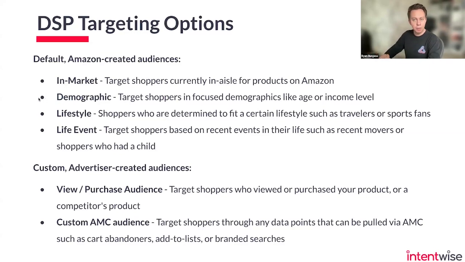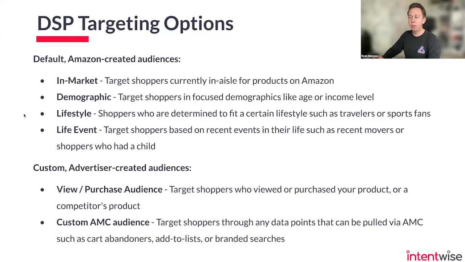Next, you have demographic targeting. Unlike sponsored ads, DSP does offer a lot of demographic targeting, which allows you to focus your audience based on age, income level, or even geography where they live. So you can get a lot more granular from that perspective. Lifestyle audiences are more broad, so they're going to be bigger on average than your in-market audiences.